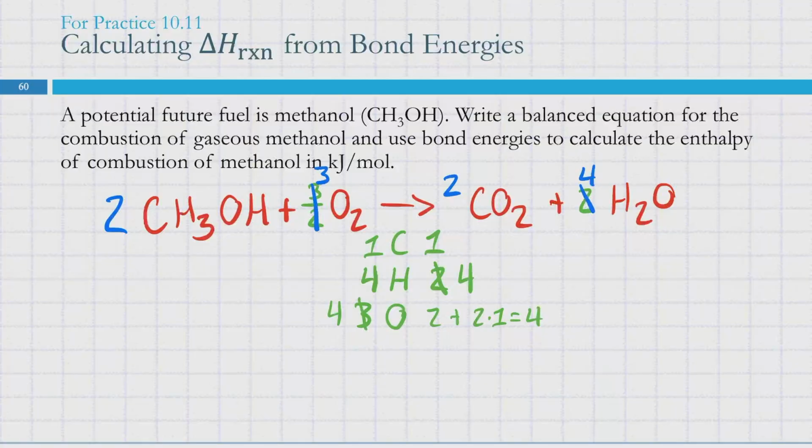So now the other thing that we get to do is calculate the energy to break the bonds, calculate the energy to form the bonds. So we're going to break everything on the left side. And form the right side.